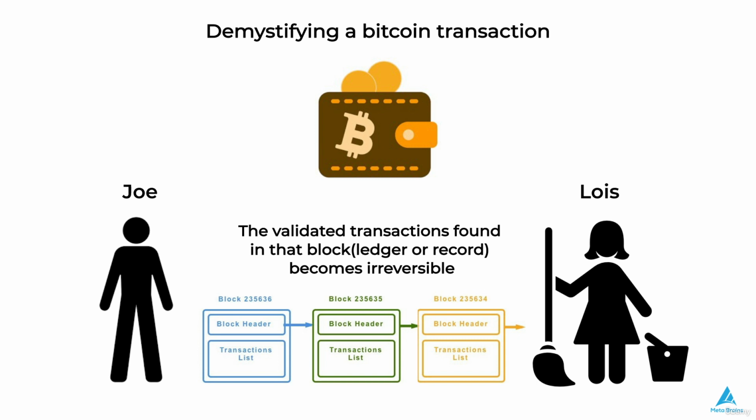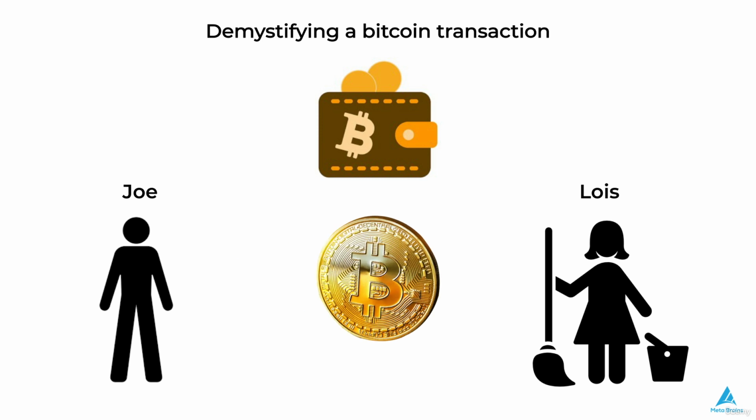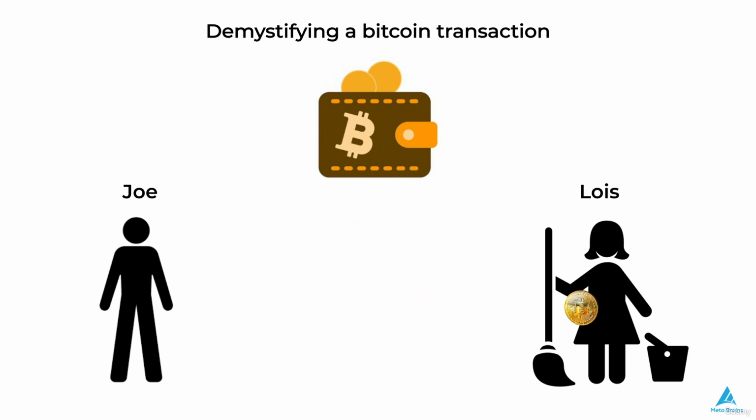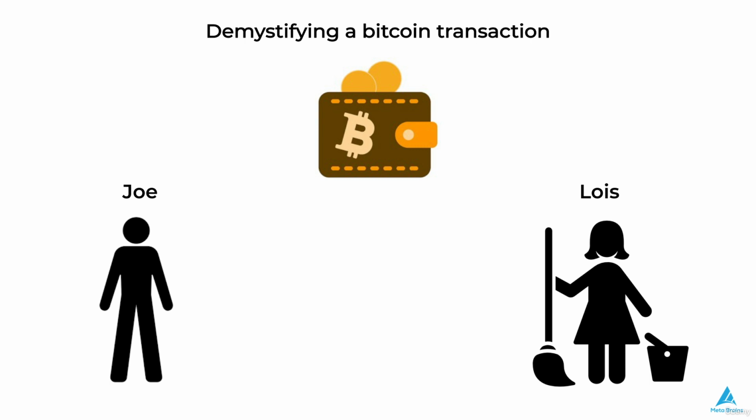They are irrevocable. Step 10. After all these processes have taken place in the network, the Bitcoin arrives at the designated address and Lewis is notified that the money has entered his wallet. There are usually notifications sent to both parties that the transaction was a success.